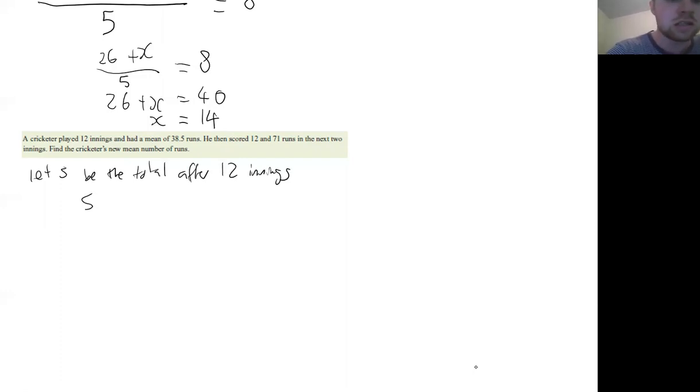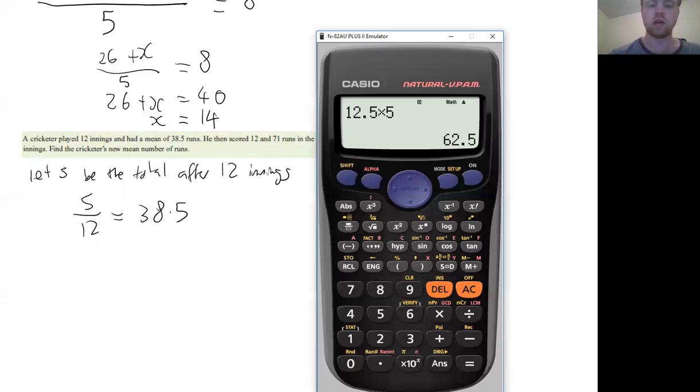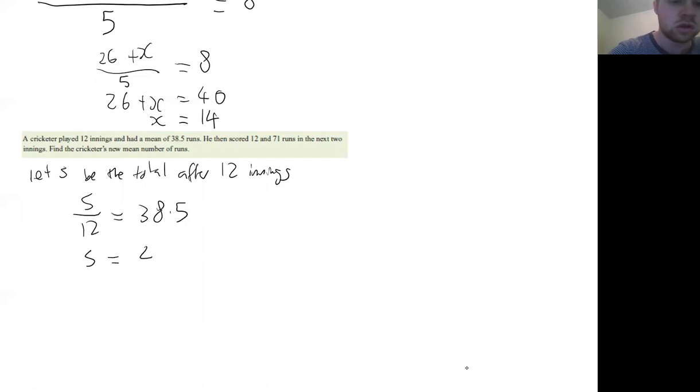Okay, so S divided by 12 is going to be 38.5. And then we can work out what the total was. 38.5 times 12 equals 462. Okay, so we found out what his total runs that he scored in the first 12 innings was.